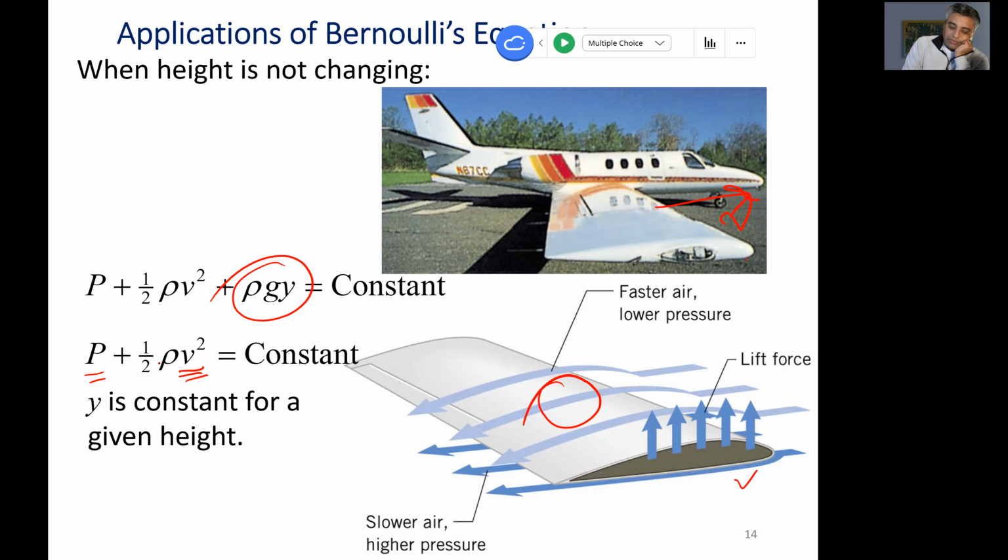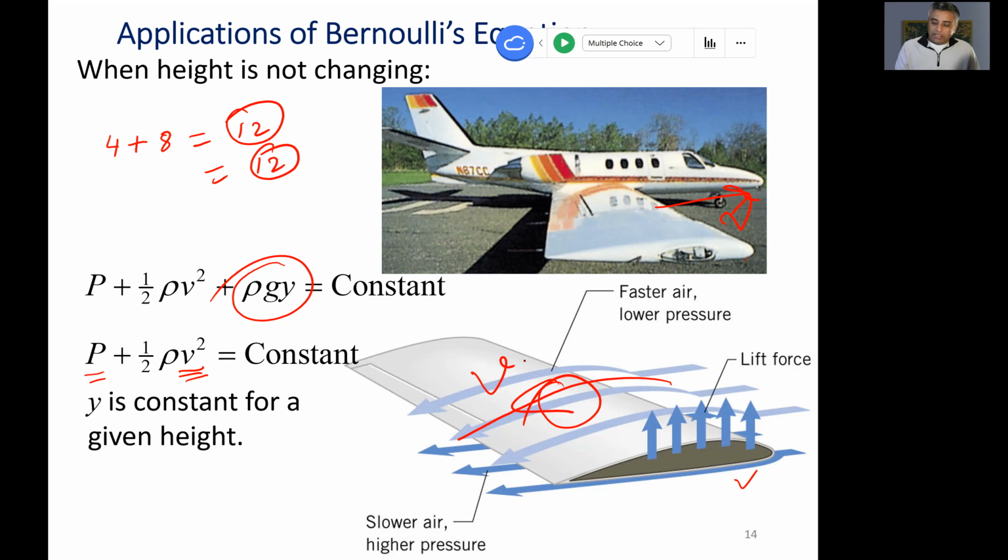See, the sum of the two is constant. So it's like saying, okay, 4 plus 8 is 12. And constant means the 12 remains 12. That's what constant means. The right side is not changing. Now, here we are saying on the top, V is larger.